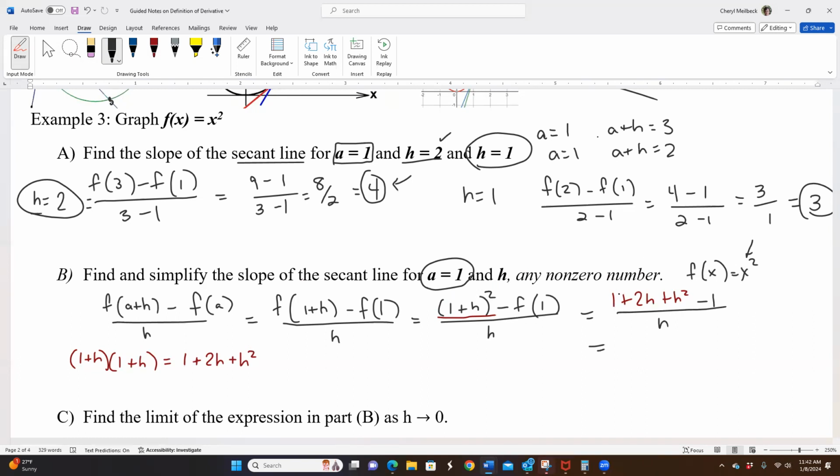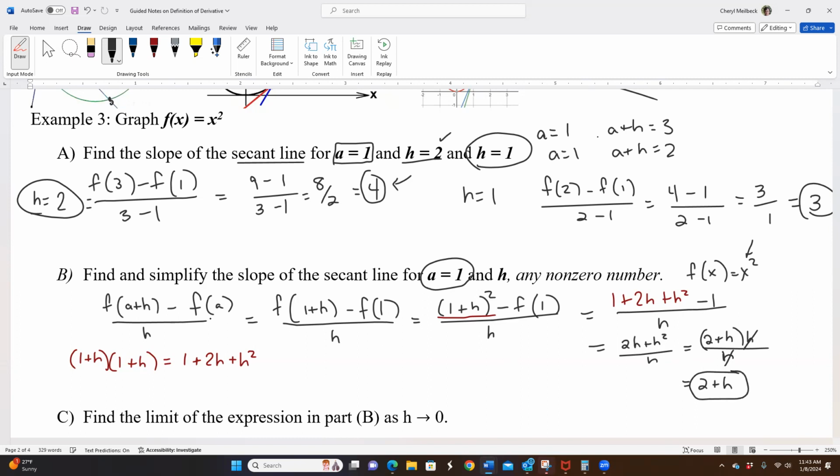Then you will simplify this, cleaning it up, the 1's will cancel. And you'll have 2h plus h squared over h. You will notice you have an h in each term that you can factor out. Just factor an h out of each of these. If you distributed, you get the same thing. And now the h's can cancel, and our answer is 2 plus h.